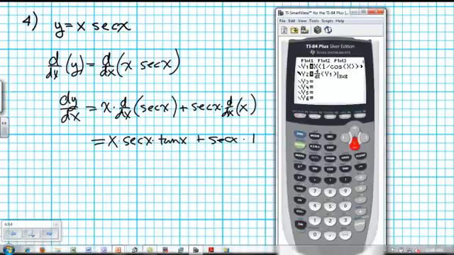Oh, because I don't want y1 there. I want my original function there. I want x secant x, which is going to be the equivalent of x divided by cosine. That's what I want. Let's take a look and see if I got the right answer.